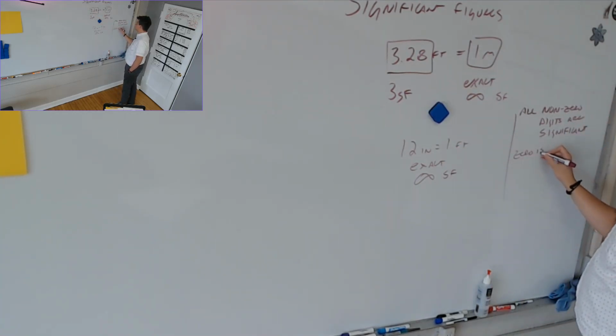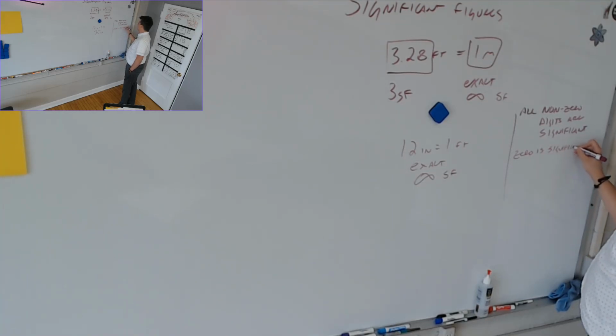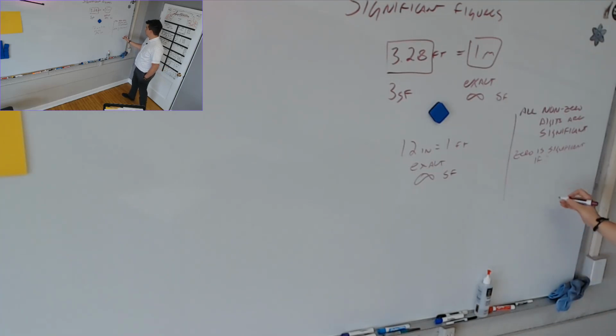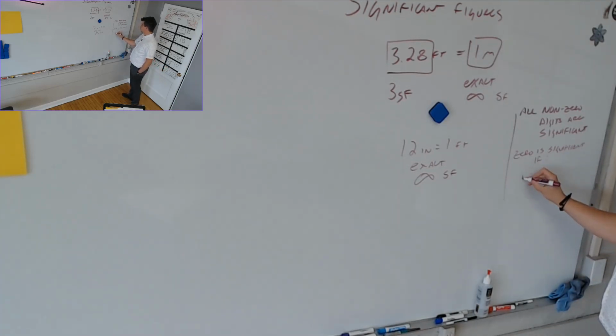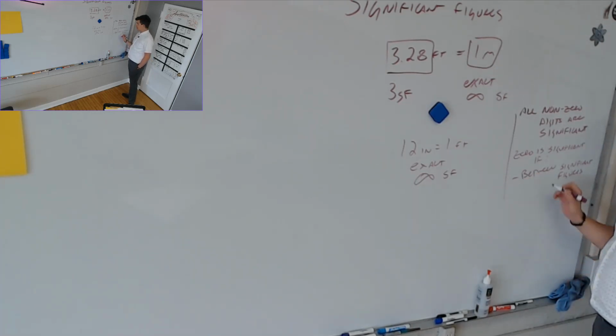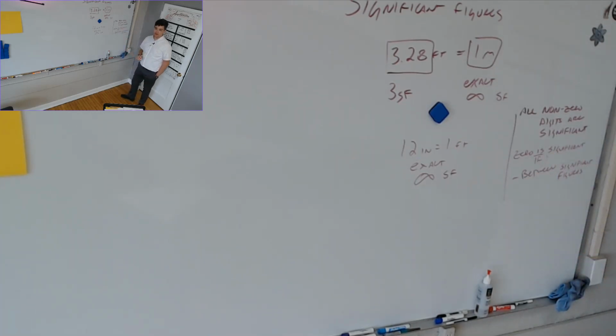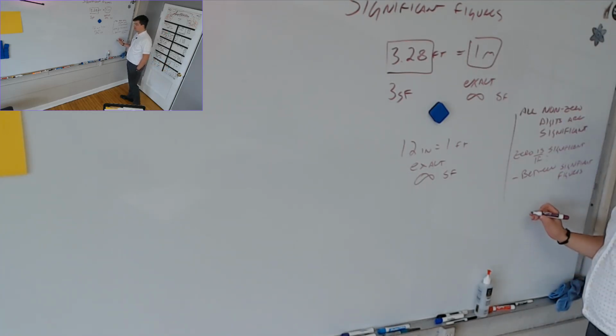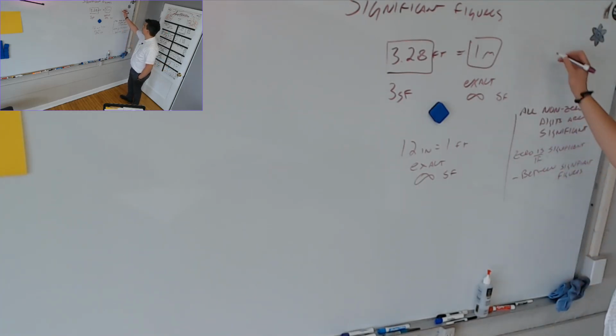0 is significant if, here are some rules, it's between significant figures. 0 is significant if it's between significant figures. 3.03.